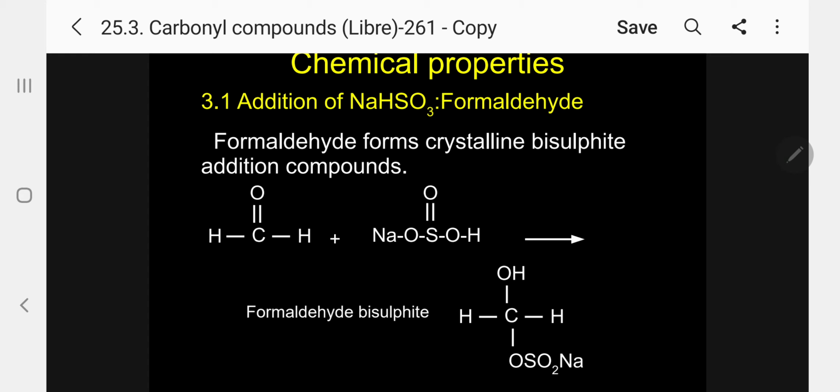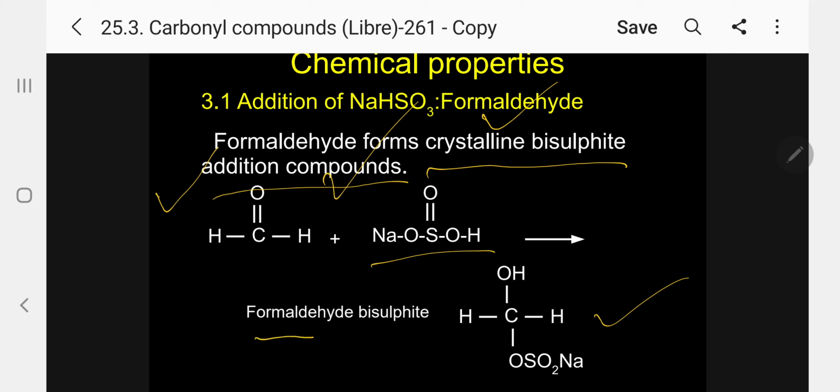Now let me take specific examples. Formaldehyde forms crystalline bisulfite addition compounds with sodium bisulfite. The compound name is formaldehyde bisulfite. Sodium bisulfite undergoes addition reaction with formaldehyde to produce formaldehyde bisulfite.